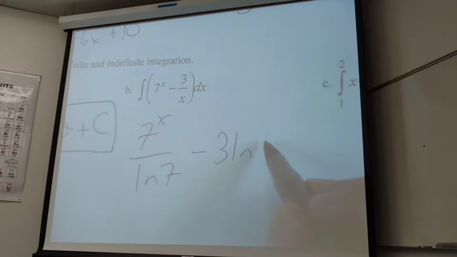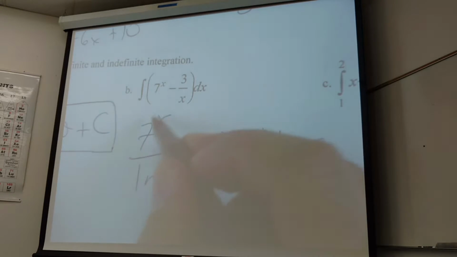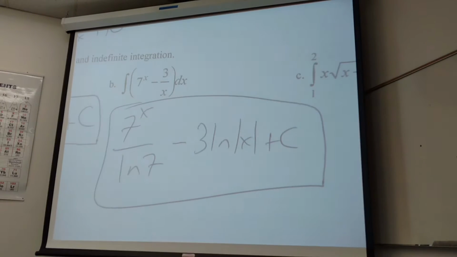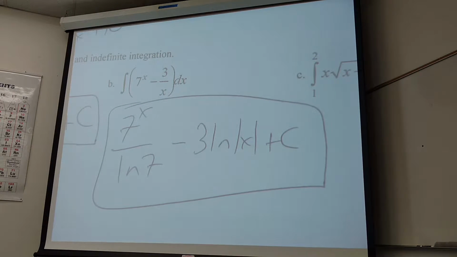And of course, 3 over x gives 3 natural log of absolute value of x. Because what is the domain of 3 over x? Everything except 0. If I did not put those absolute values, would the domain of my answer function match the domain of my input function?